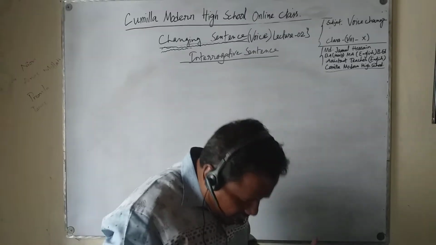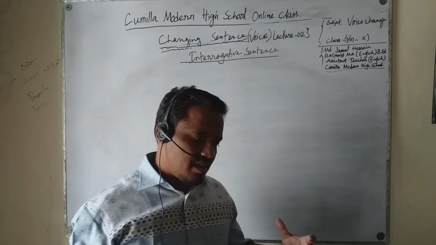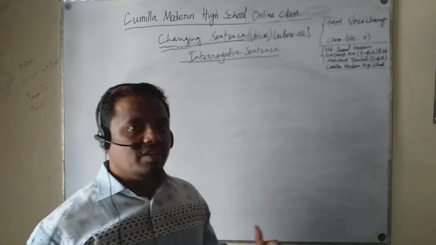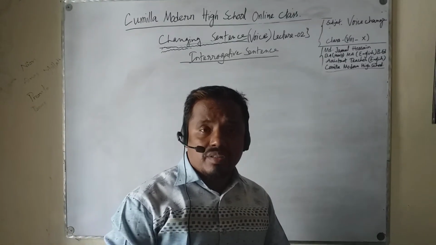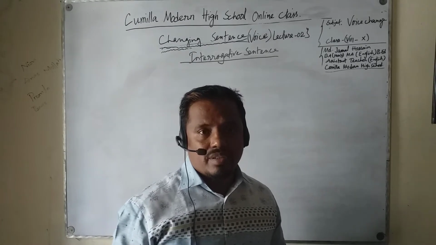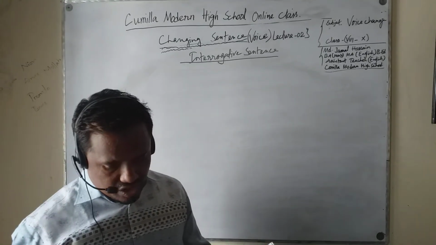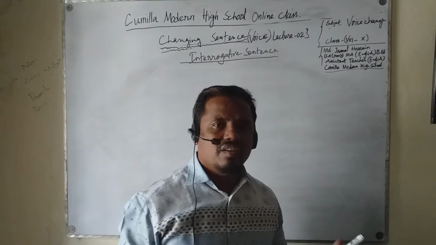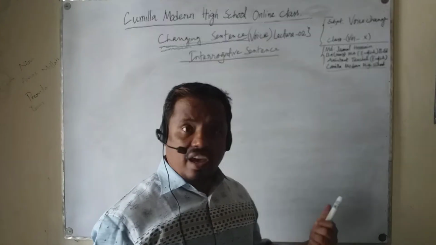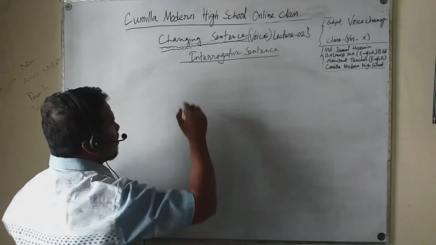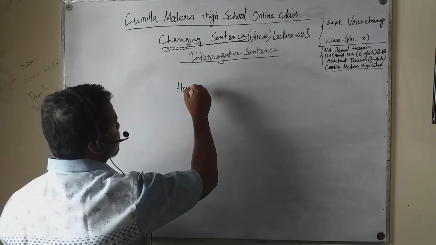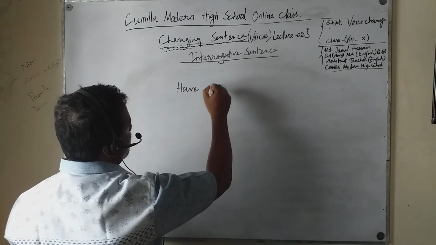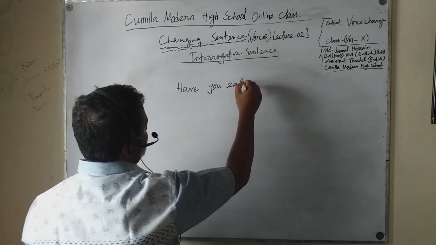There are different types of interrogative sentence. Some start with a WH word, others start with a be verb, do verb, or have verb. At first, we will transform a sentence that starts with have. Have you eaten rice?